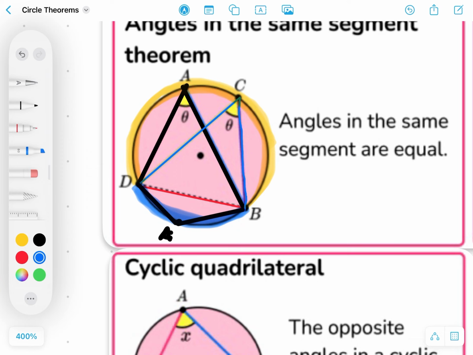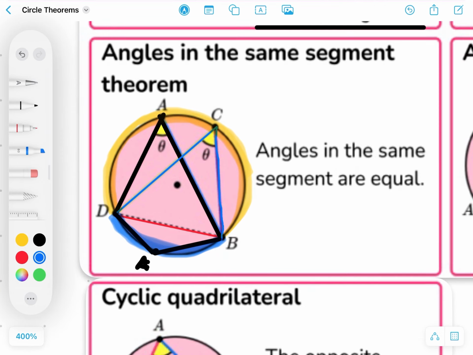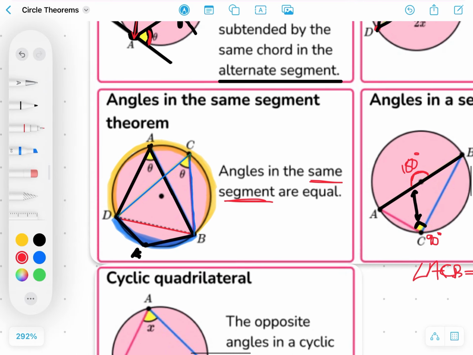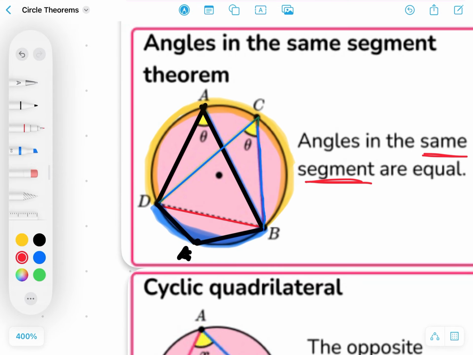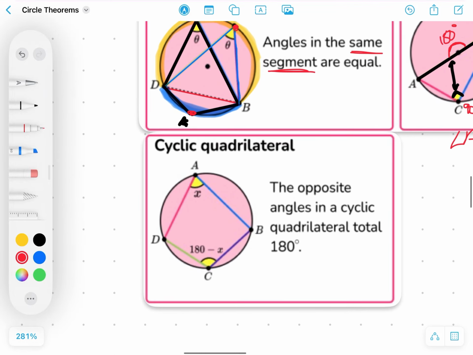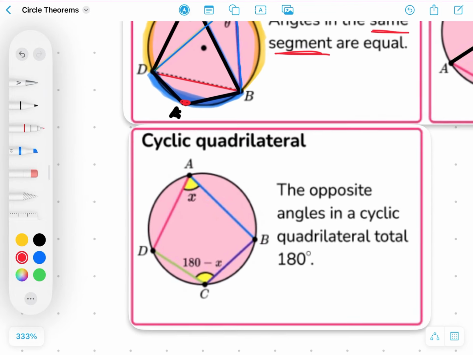So therefore they must be in the same segment, and by being in the same segment, they mean being on the same arc, either the major arc or the minor arc. And now we can see that what I was talking about here, where one is on the major arc and one is on the minor arc, ties in with the next one here, cyclic quadrilateral.